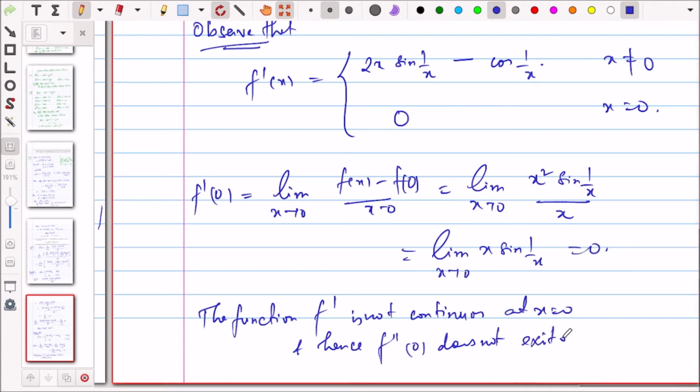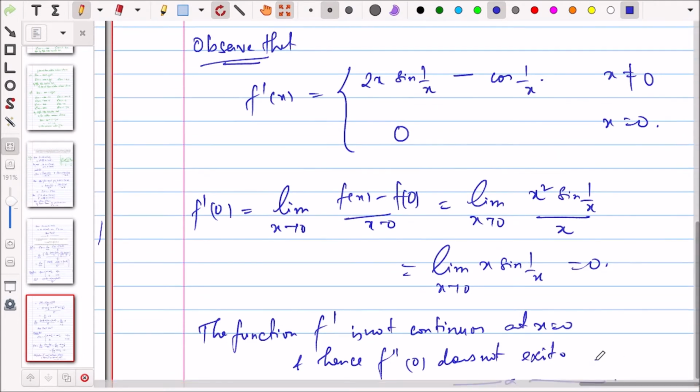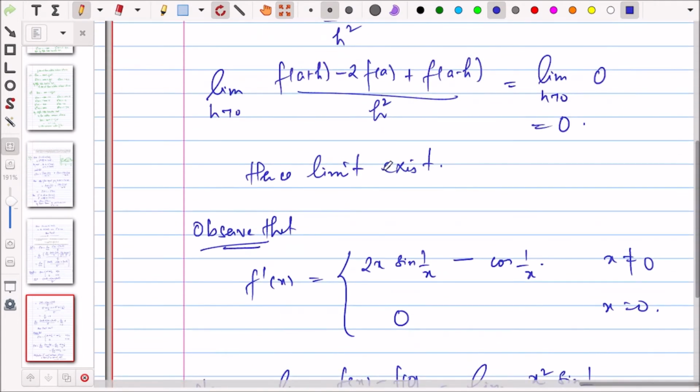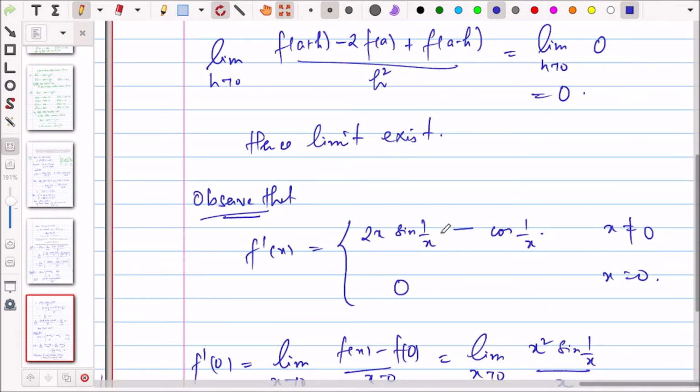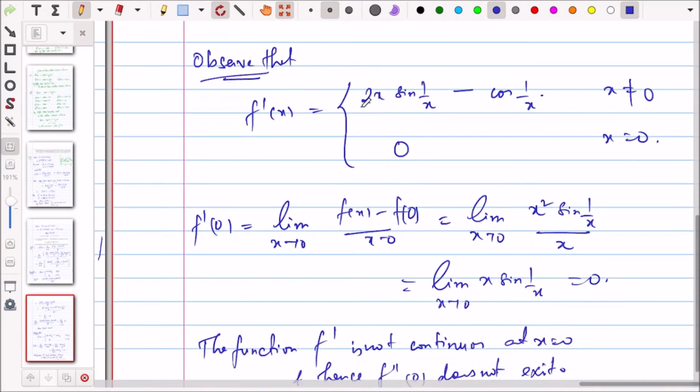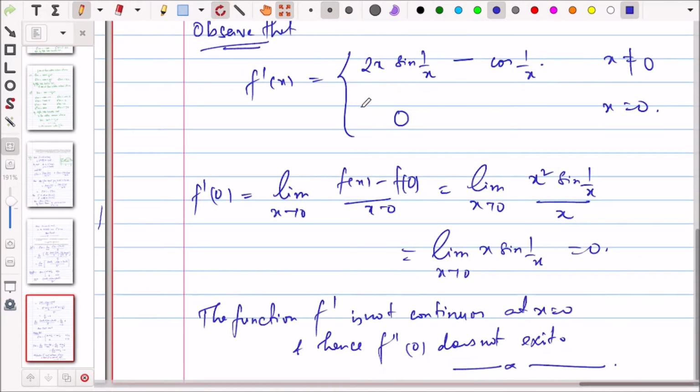So we are able to show that although this limit exists, the double derivative does not exist. If the double derivative exists, then it has to be equal to this limit, but this limit can exist without the double derivative existing. So this completes question number 16.